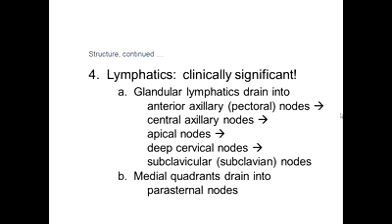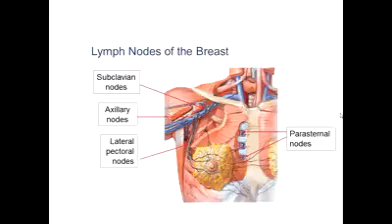Clinically significant, glandular lymphatics drain into the anterior axillary or pectoral nodes, central axillary nodes, apical nodes, deep cervical nodes, and subclavian nodes. The medial quadrants drain into the parasternal nodes.